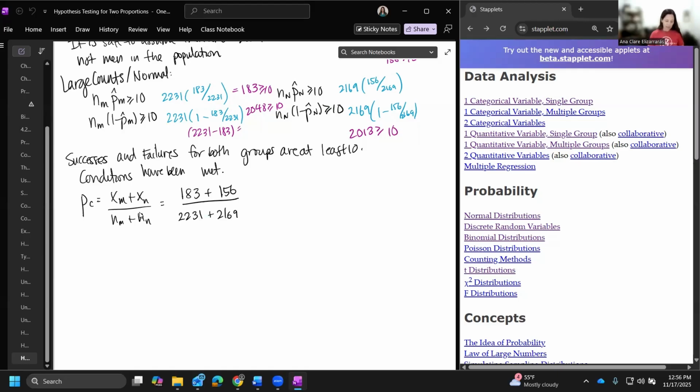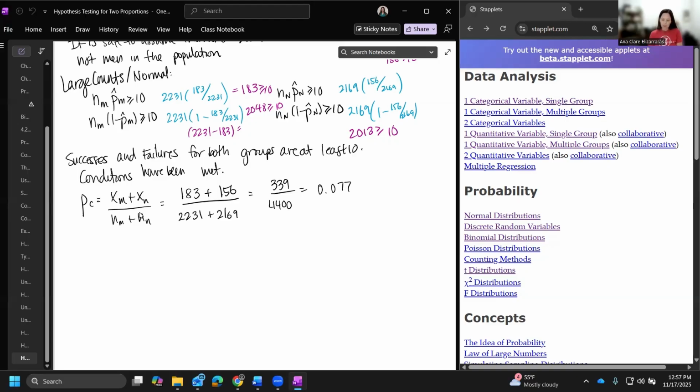So 183 plus 156 is 339, and 2231 plus 2169 is 4400. So if I divide the two of those, I get 0.077. So our pooled proportion, when you take 339 over 4,400, you get 0.077.